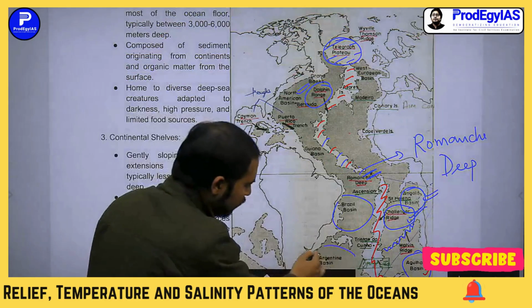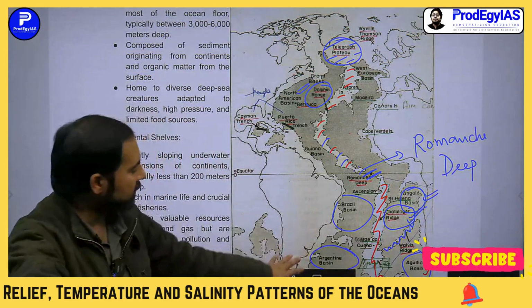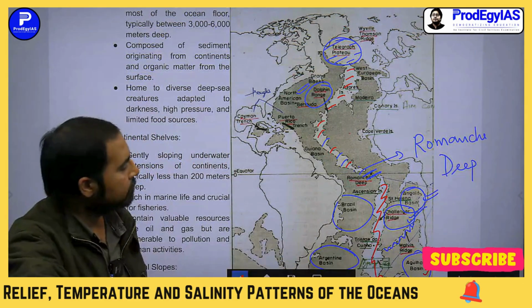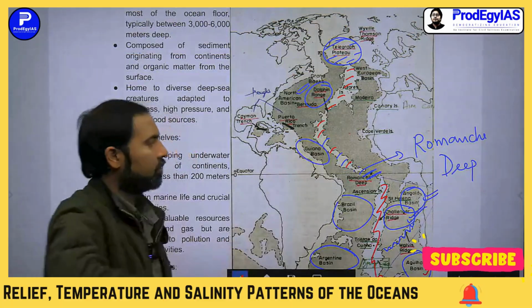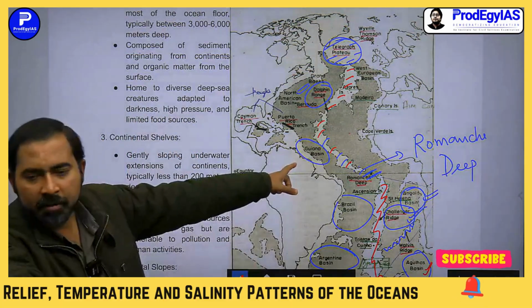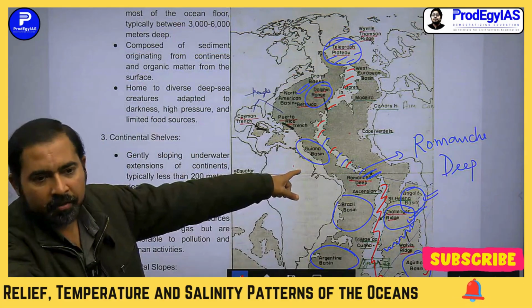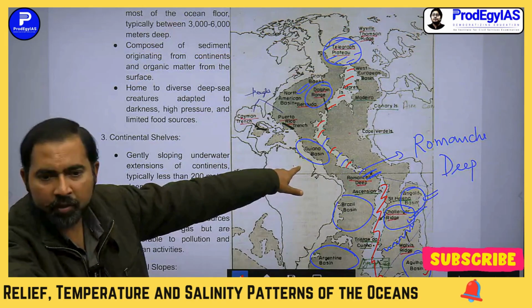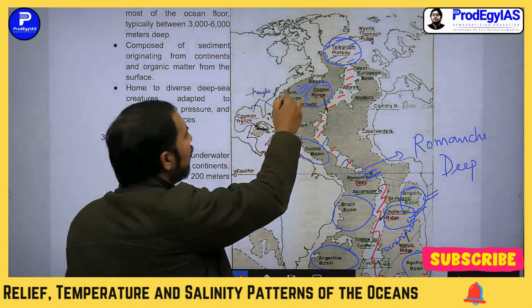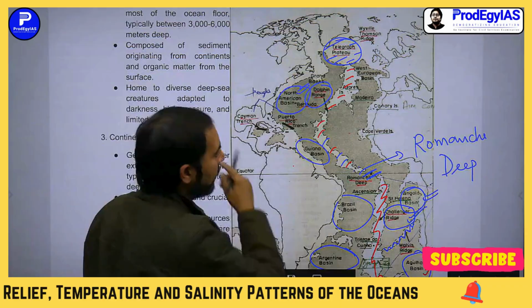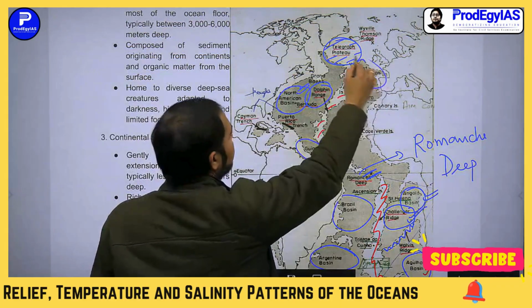This part is known as Argentine basin, because here it is Argentina. This part is known as Guyana basin, because here there is French Guiana, a country in South America. This is the North American basin. This is the West European basin.